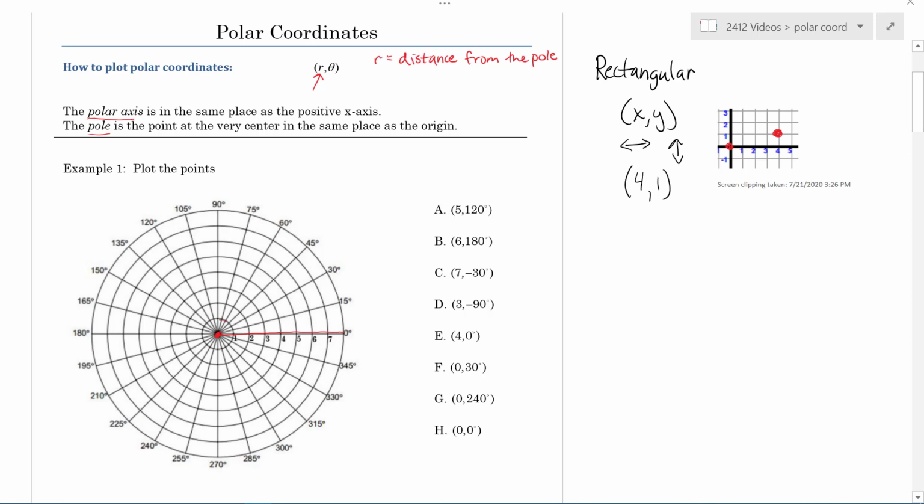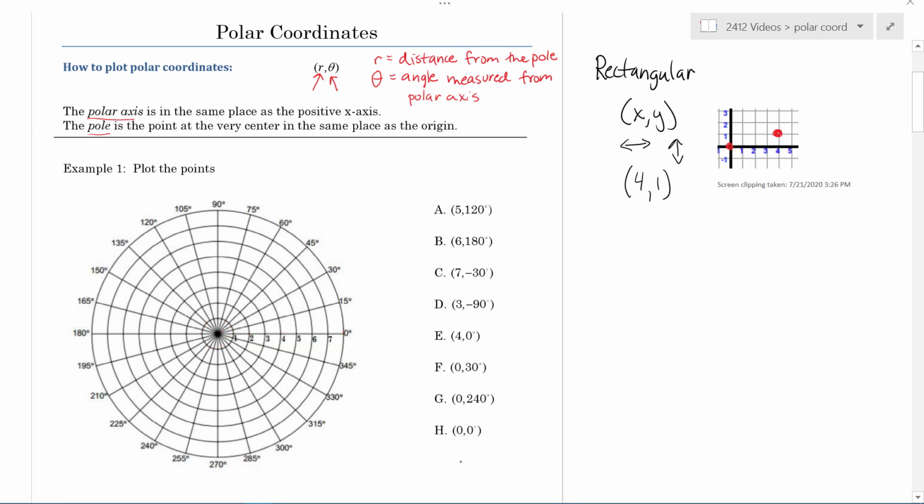Will I plot that point on circle 1? Will I plot that point on circle 2? And so on. The second number that's listed is going to be our angle theta. This is the angle, and it's always measured from the polar axis. And remember, the polar axis is basically exactly the same thing as that positive x-axis that we talked about in that rectangular coordinate system. Alright, so let's plot a few points.